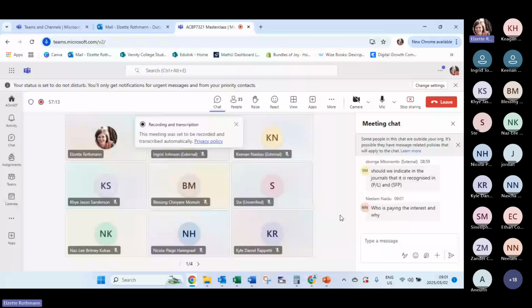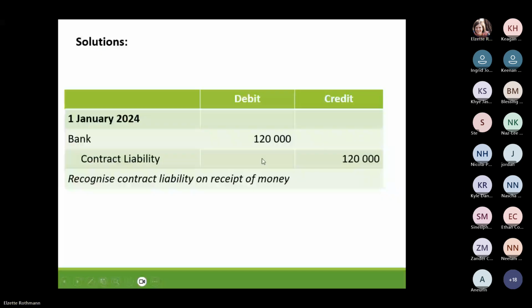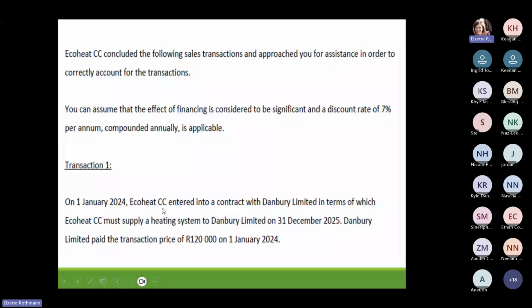There's another question: who is paying the interest and why? If we jump back to the question, Echo Heat CC is the one that will be paying the interest, because they've received the money.